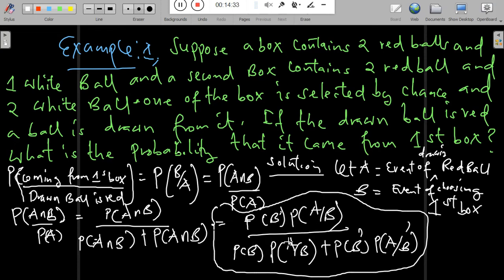So what we do here, let me rub the left hand side so that we can have space for applying our formula.